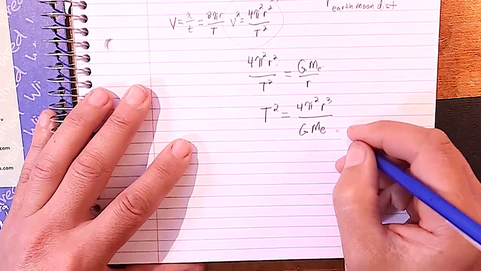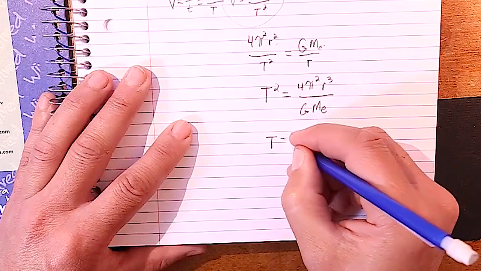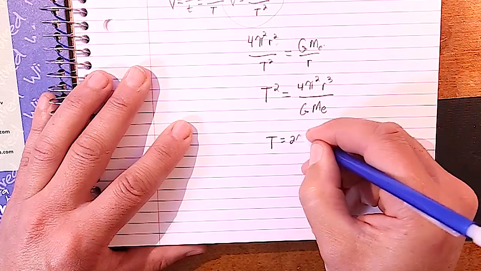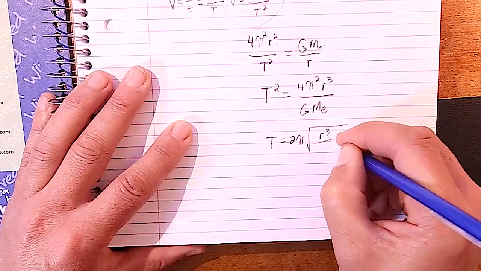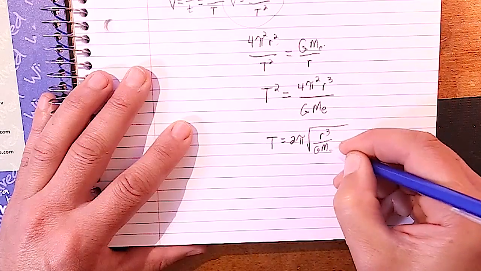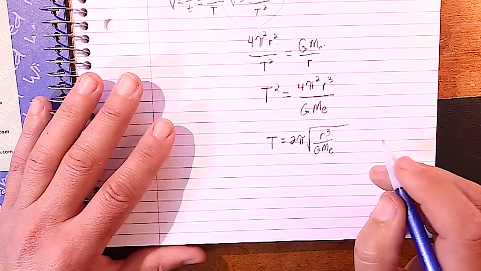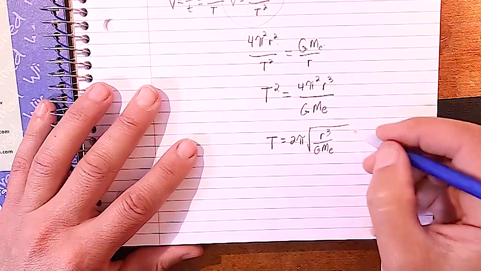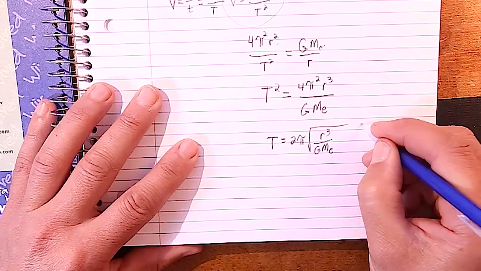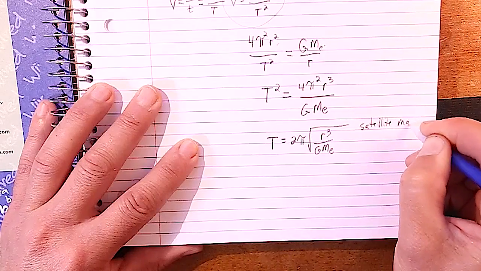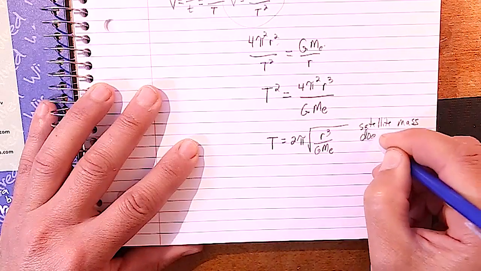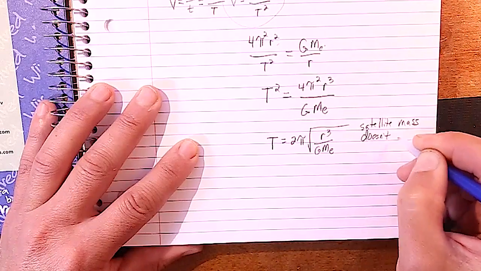And then taking the square root of both sides, we end up with T equals 2 pi times the square root of r cubed over G M_E. Now notice that it's not dependent on the mass of the satellite. So I'm going to write here, satellite mass doesn't matter, doesn't affect this.